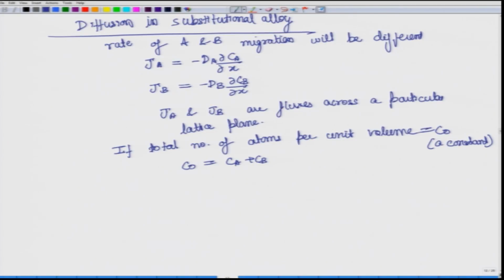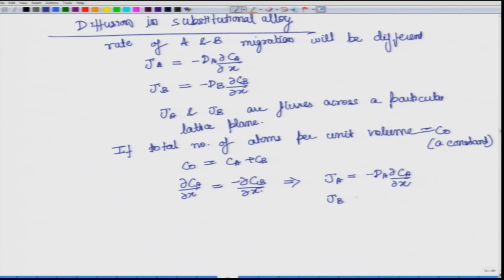So, the concentration of A plus B would give you C naught, and therefore, if we take the differential, C naught is a constant, therefore, this becomes del C A by del x is equal to, again we are looking in only one dimensional form, minus del C B by del x, which implies that J A, so now we have this relation, so we can extend the earlier relations and write this in terms of only one concentration gradient, which is del C A by del x.